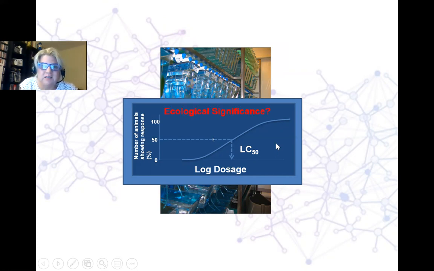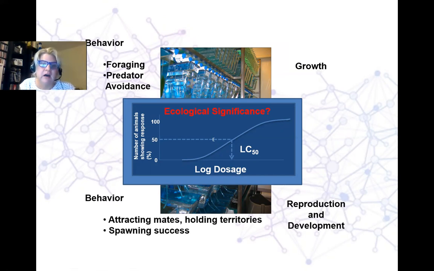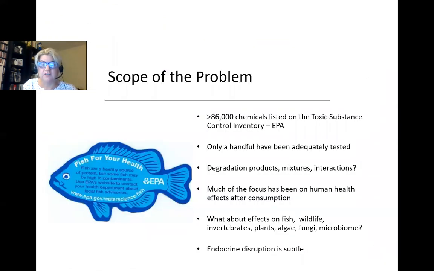But what's the ecological significance of this? This type of approach makes it hard to incorporate things like growth, reproduction, development, and behavior. How do we incorporate those and bring them into ecological risk assessment? What we have collectively realized is that this is a huge problem. It's gigantic.